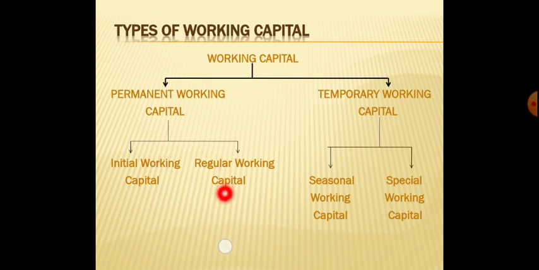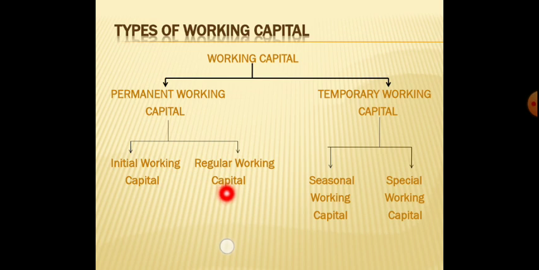The second one is regular working capital. That means for the day-to-day working of the business, when the firm needs a certain amount of capital to run its business operations, that is known as regular working capital.